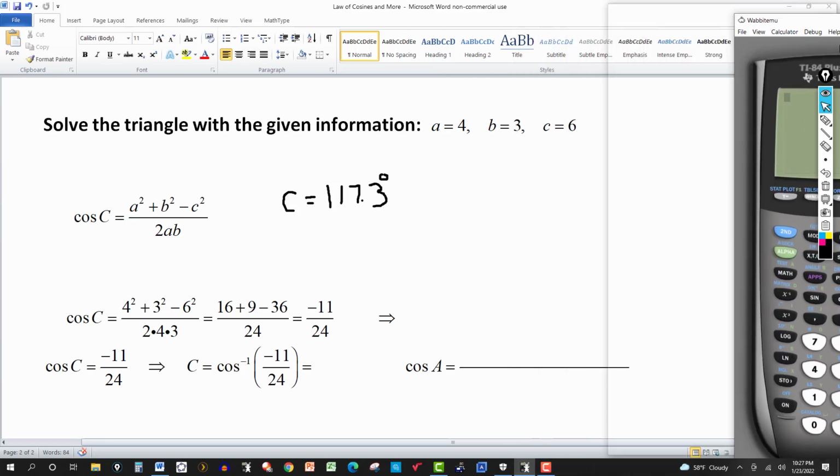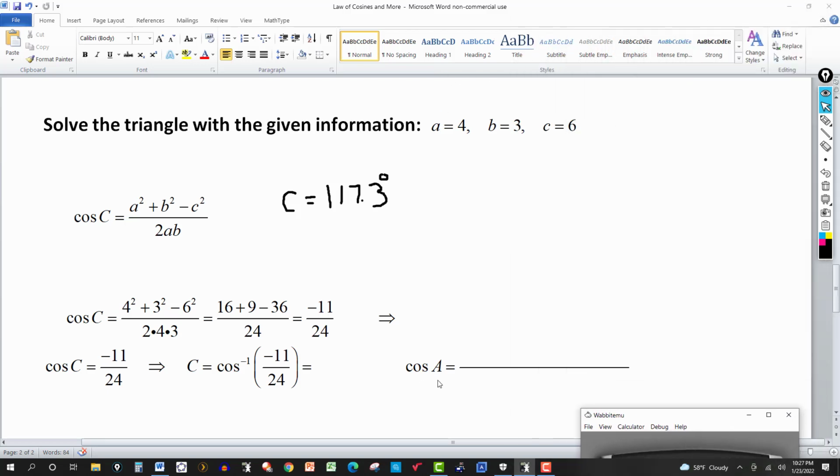So let's suppose I wanted to find cosine of A. Cosine of A should equal the sum of the squares of the other two sides. So that should be B squared, that's 9. I'm sorry, C squared. C squared is 36. And then minus the side opposite this angle, which is 4 squared, which is 16.